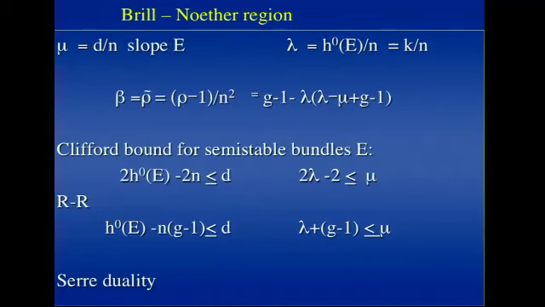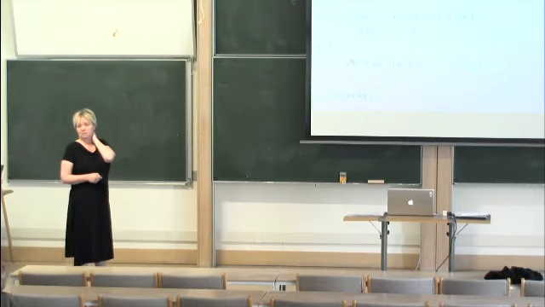So this should give us the area that we would like to study. Anything where this value is bigger or equal to 0 should be producing Brill-Noether varieties that are not empty. Now, the other things that we would like to put on the picture, to reduce the region that we study, are the things that are known one way or the other. One is the Clifford bound, which is already generalized to rank n bundles.